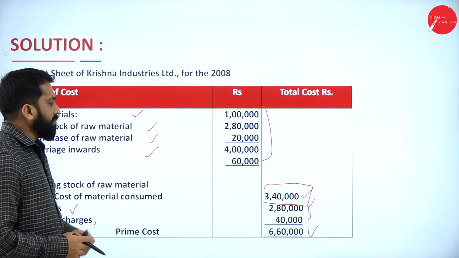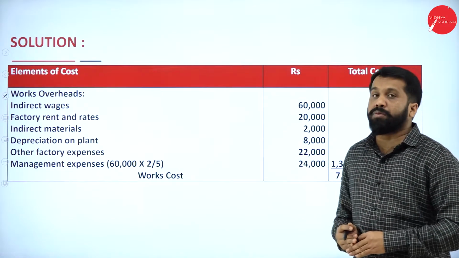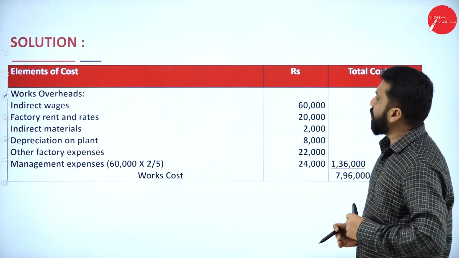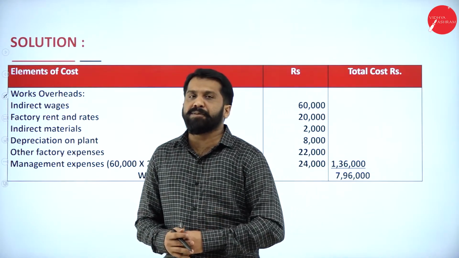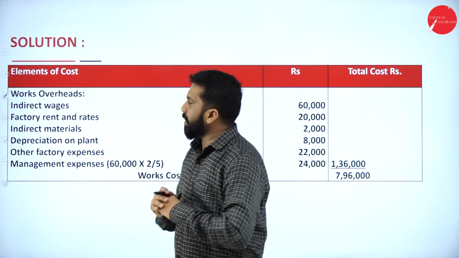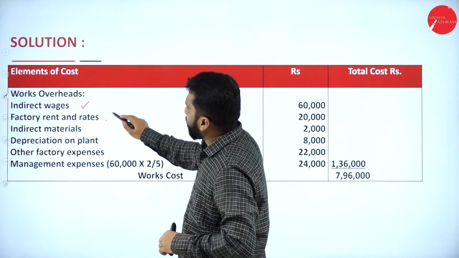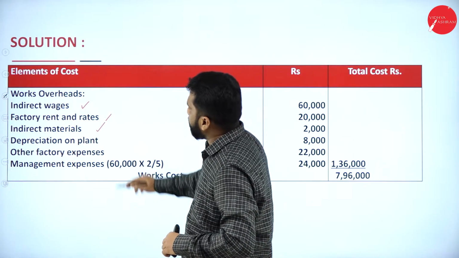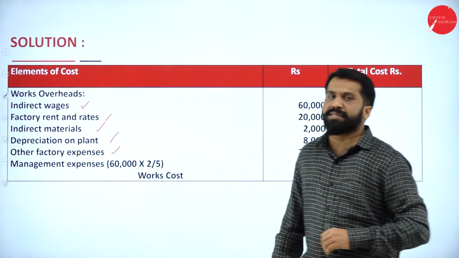Now, we are done with these things. Next we'll move to works overhead. Works overhead, also called factory overhead. Now, under factory overhead, we have indirect wages, factory rent, indirect material, depreciation, other factory expenses.